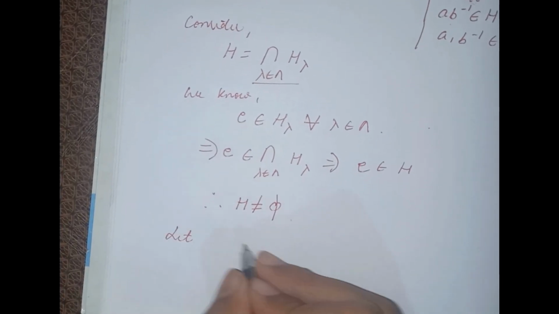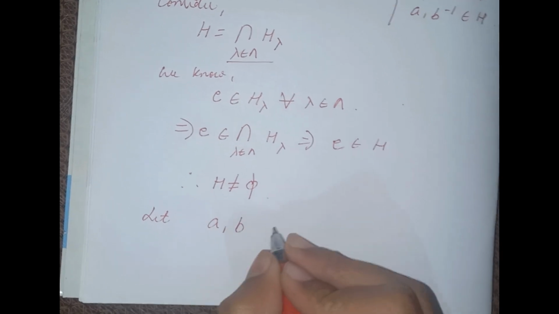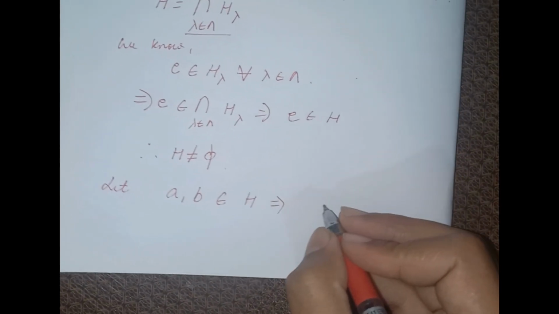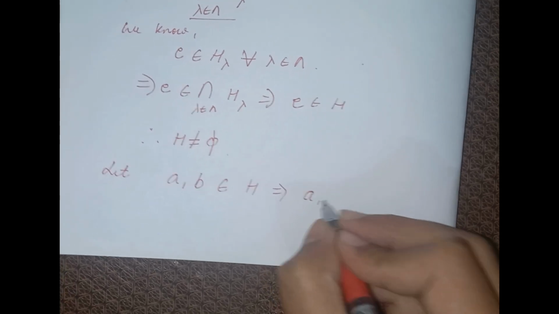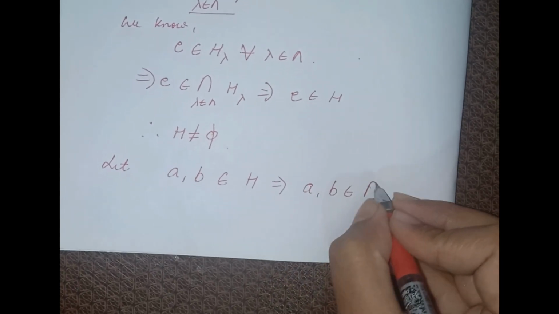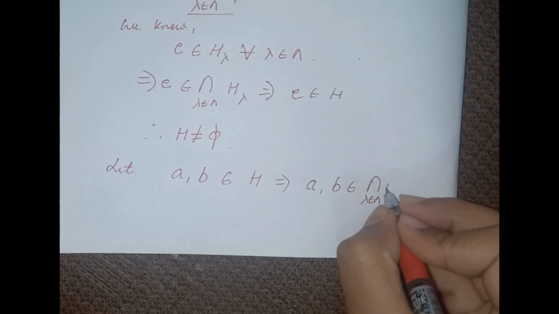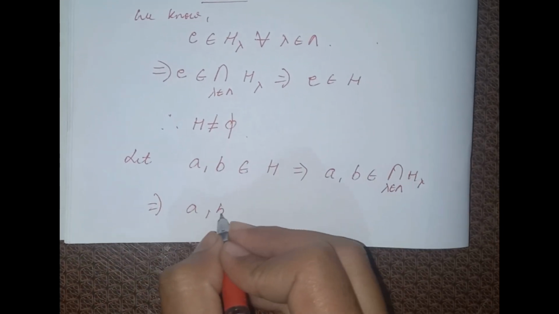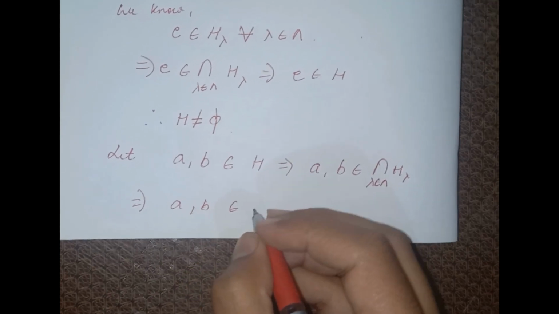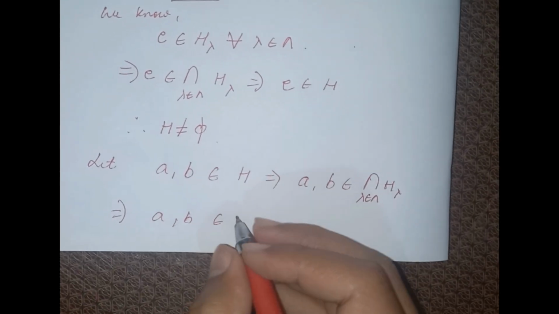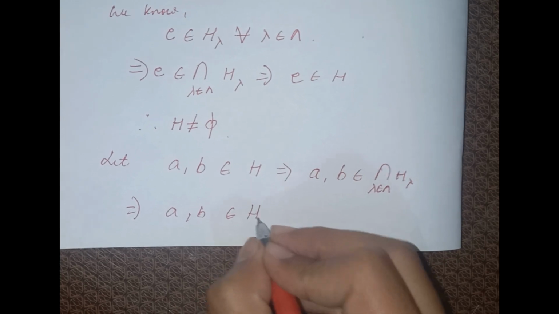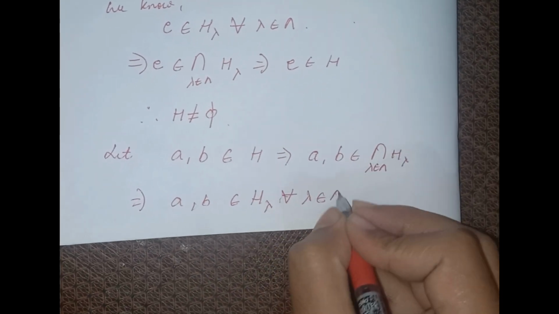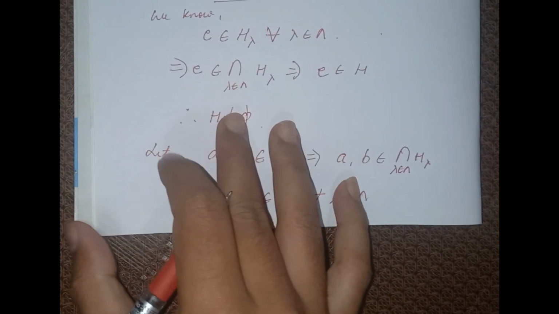Now let's consider A, B belongs to H, which will imply that A and B belong to the intersection of H lambda, which means A and B belong to H lambda for all lambda belongs to the index set.